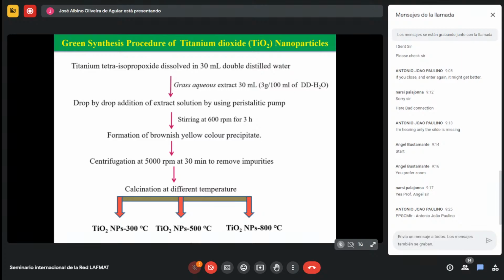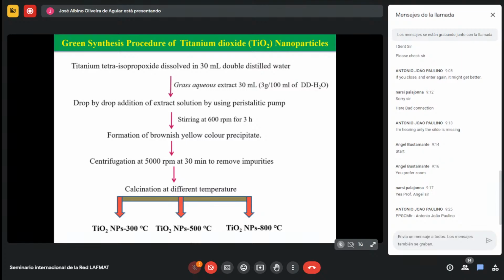After that, the phytochemicals form a metal complex. Once the complex is formed, that means precipitates are formed. The precipitates were carefully collected by centrifuge and dried at room temperature.